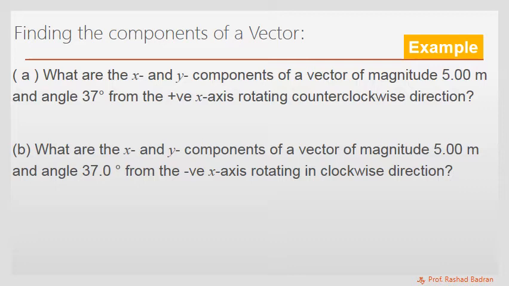In part B, the same magnitude of the vector, but drawn in the fourth quadrant with an angle of 37 degrees in a clockwise direction. And again, the x and y components are needed to be determined.